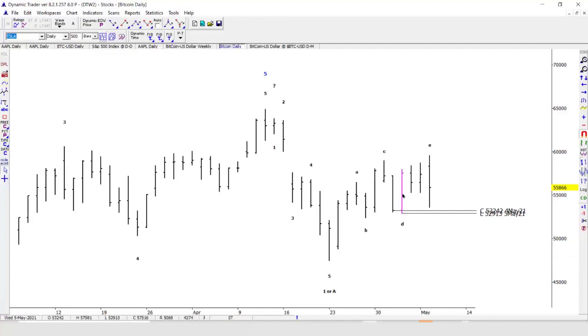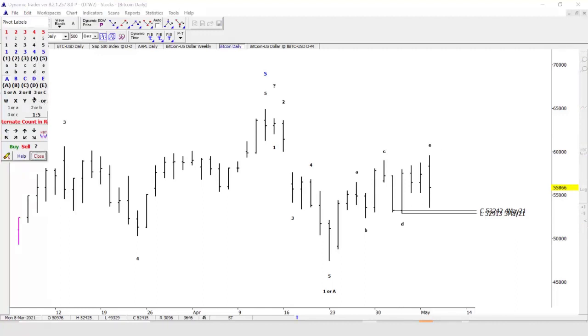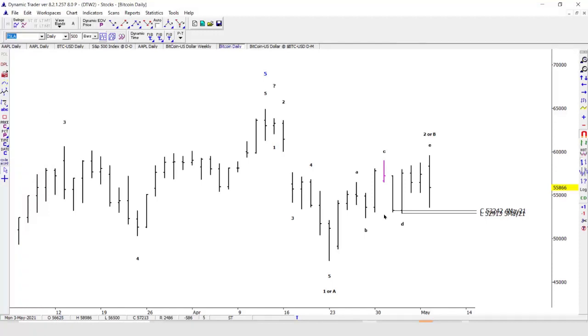So we're in a great position to, within a day or two, potentially anyway, completing a wave 2 or B high, enter on the short side for a very substantial continuation of this bear trend in a wave 3 or a wave C. Let's add another bar on.